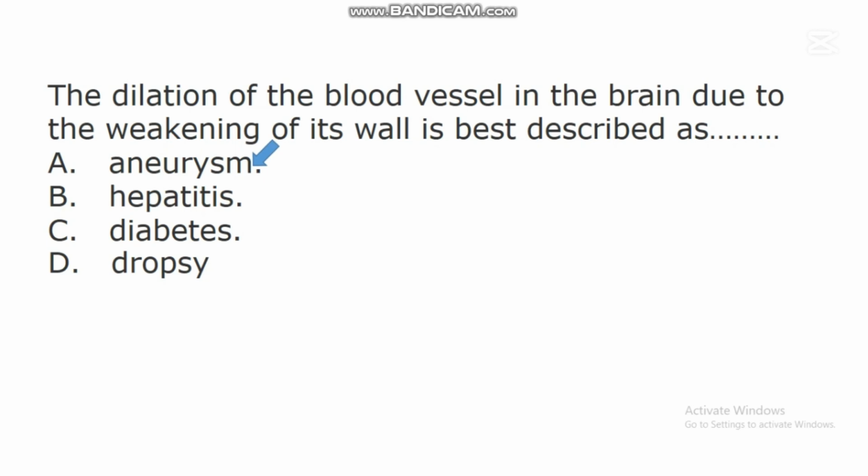This problem can affect the brain, and the one that occurs in the brain is a serious threat to an individual. So when there is a dilation of the blood vessel in the brain due to the weakening of its wall, it is called brain aneurysm.